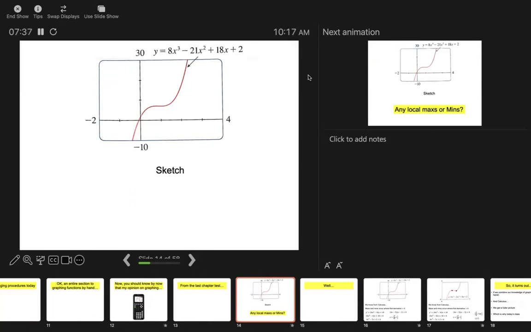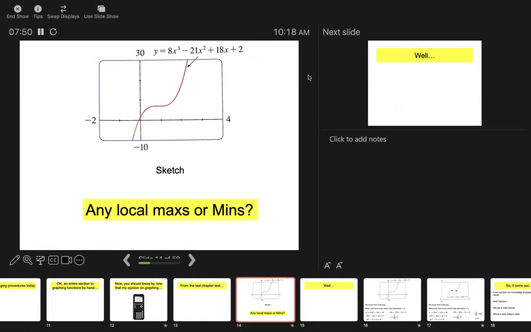Does it look like it has a min and a max? Kind of looks kind of horizontal right here to me, right? It turns out that if you were to zoom in, you would find that it actually does have a min and a max. It's just hard to see like here, right? So how can we find the mins and the max? How do we find the mins and the max?